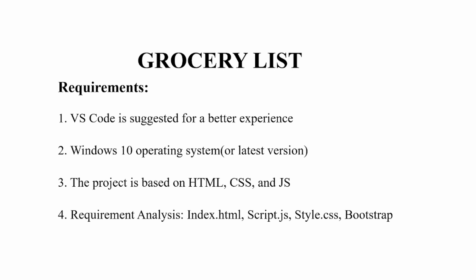It's a no-brainer. So Windows 10 operating system is used here. And this project is based on HTML, CSS, and JavaScript. What we need is images to make it look good, an index.html file, a JavaScript file, a CSS file, and Bootstrap. There can be multiple files, but I have mentioned here the important ones.